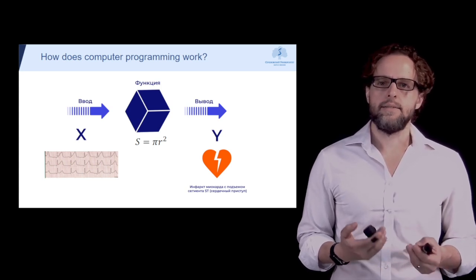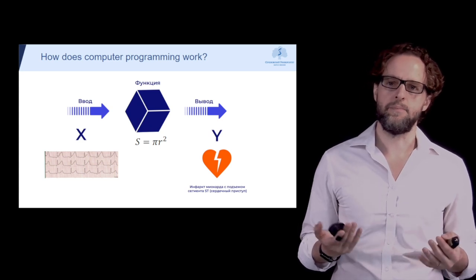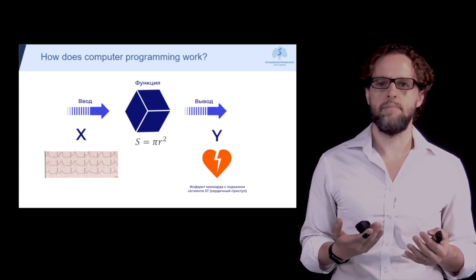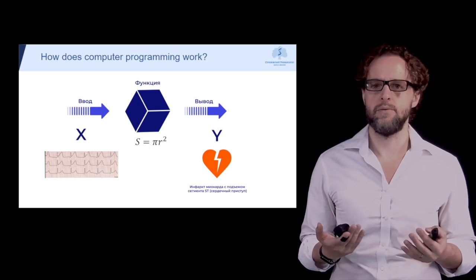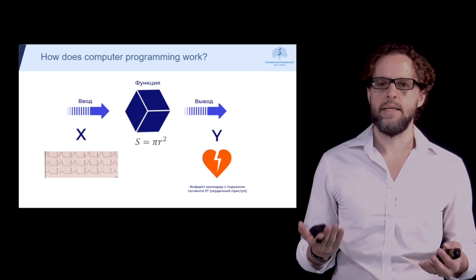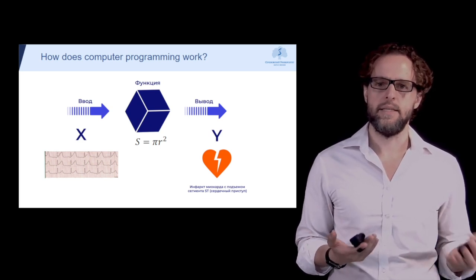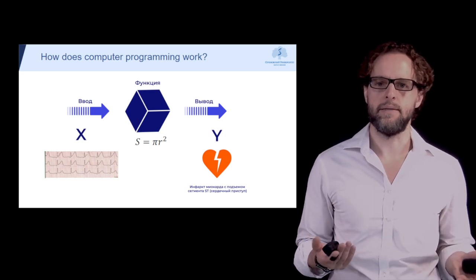At first, let's look at how computer programming works in general. The work of any program comes down to three components: incoming data, or input data, processing of this data, and output data.